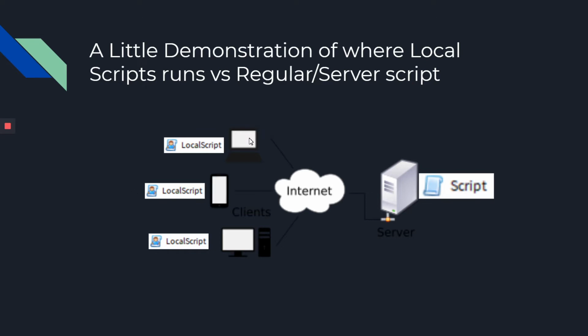It can be a laptop, a phone, a desktop, or just about any other device, and that device or client is connected to a server which runs the game, and inside that server is where the server scripts are running. So again, a local script runs on your device, the client, which is connected to a server, and the server script is located on the server side.